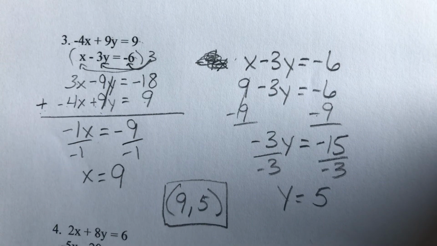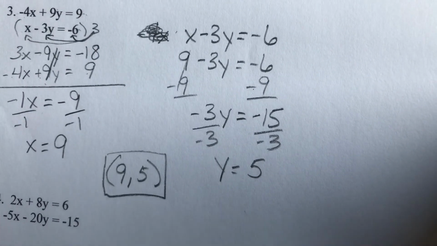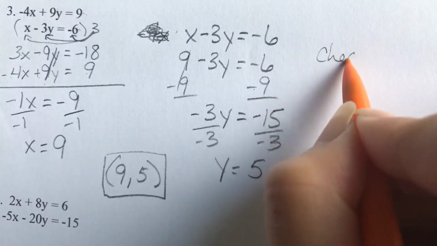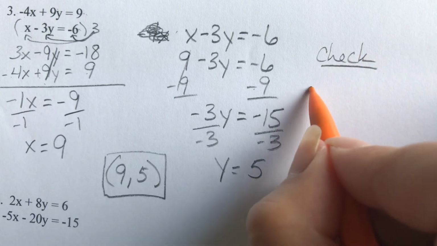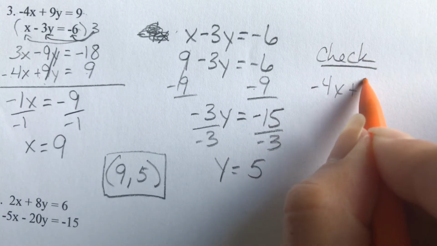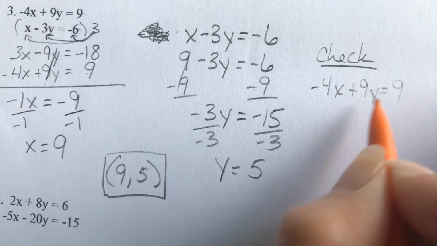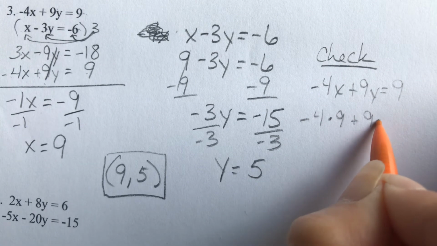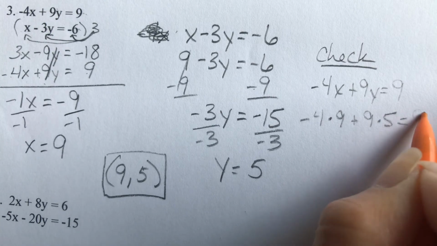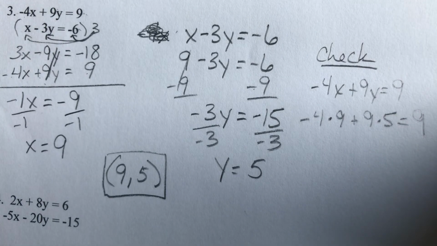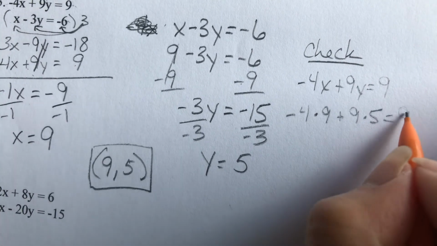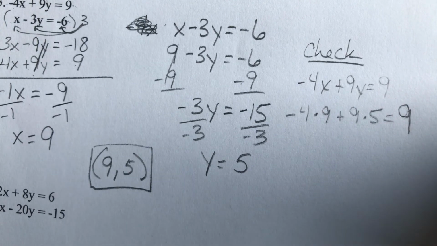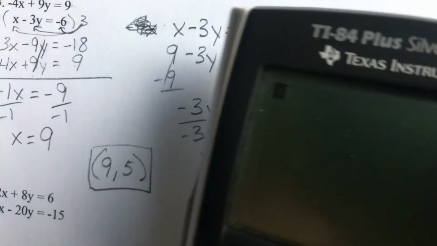Let's check that. So now I'll check with the top since I decided to use the bottom. Negative 4x plus 9y equals 9. Negative 4 times 9 plus 9 times 5 should give me 9. Going to the calculator. I'm going to keep this as easy as I can.